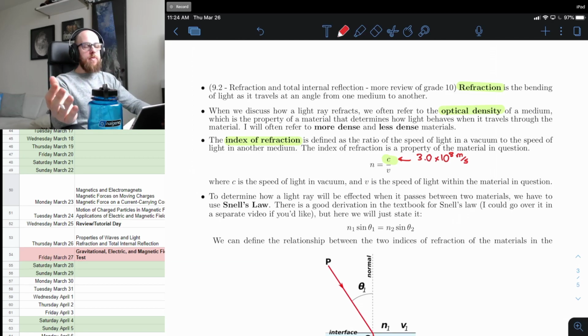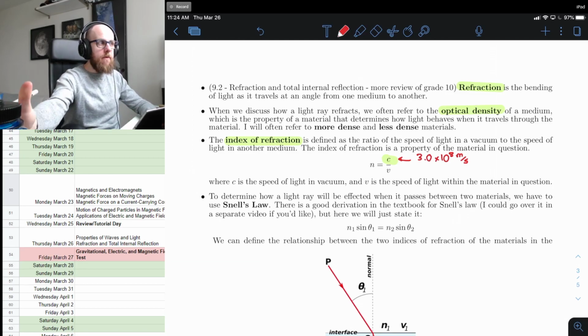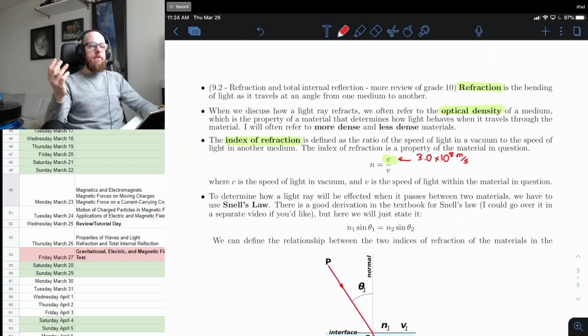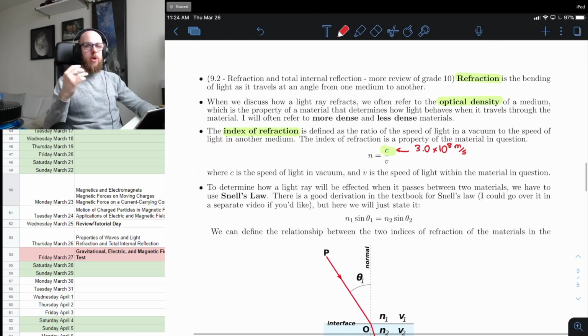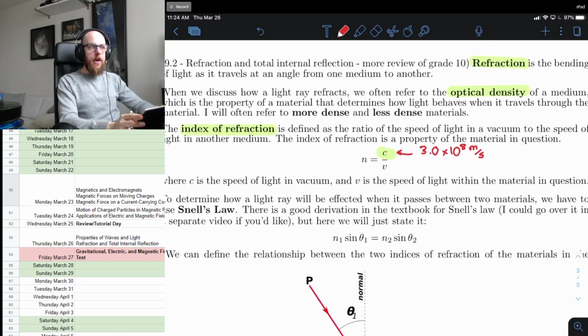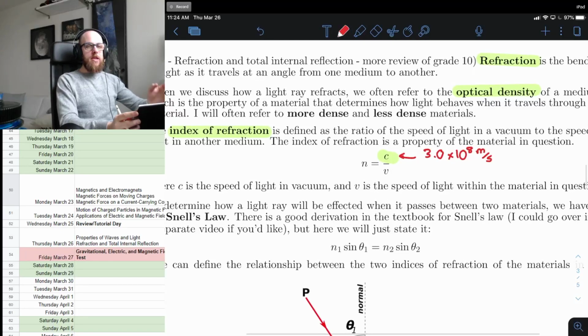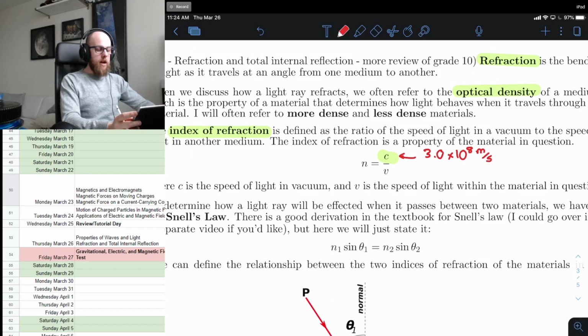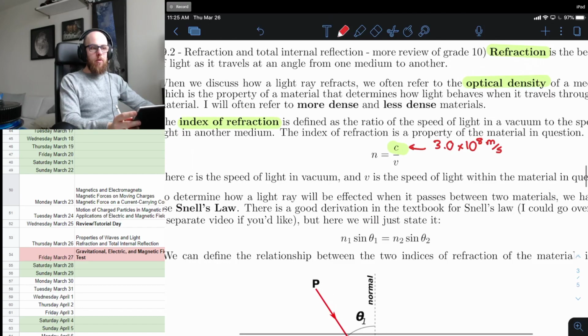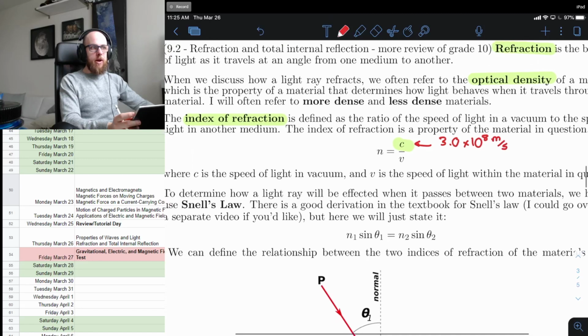Because light in another medium can never travel faster than the speed of light in a vacuum, this ratio will always be larger than 1. Okay, so C will always be greater than V in this equation here, which means when you look at the values for the index of refraction, which you can look up online or in a table, there's a table in section 9.2 of the textbook, and the values are all bigger than 1. That's because this ratio is always bigger than 1.